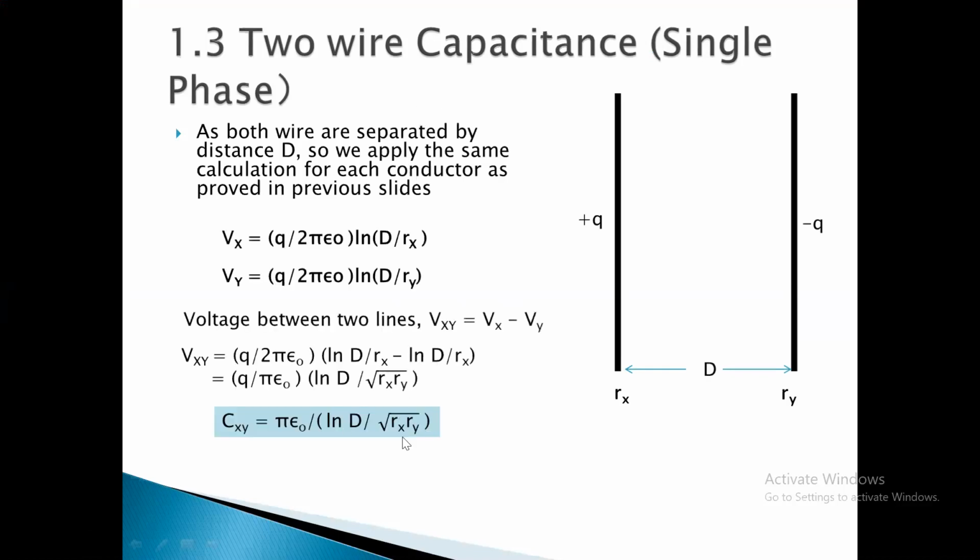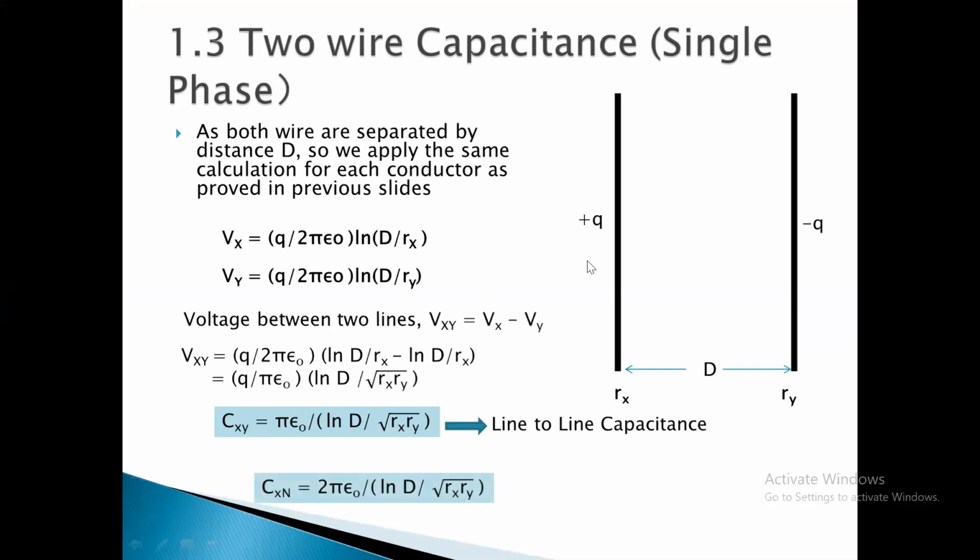I have proved this one. If you want to find the phase to line, line to neutral or line to ground, you have to use this formula. Okay, these two formulas are different. You got my point?